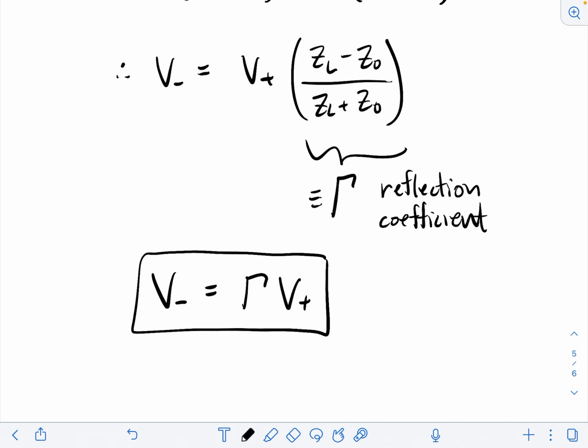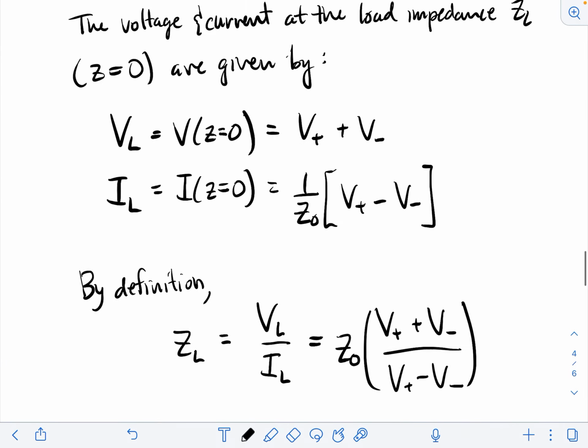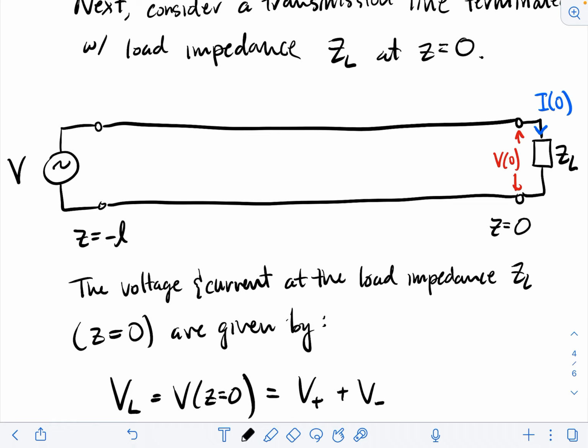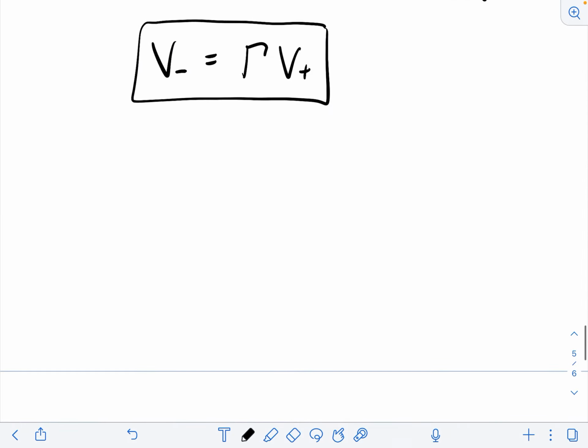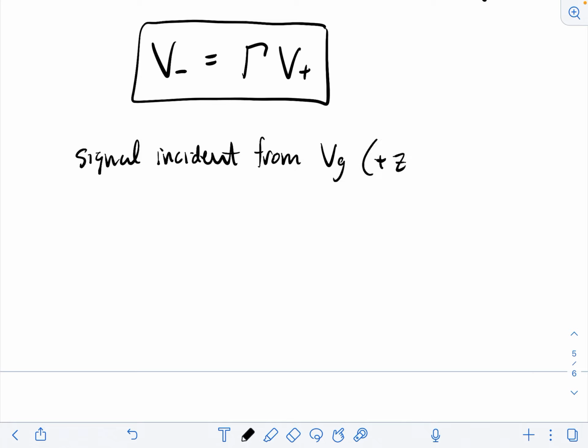Okay, so if we were to go back and label this as VG, our signal generator, it's outputting a signal of amplitude capital VG. So a signal incident from the generator VG, which starts out in the plus Z direction, is in general partially absorbed by ZL.